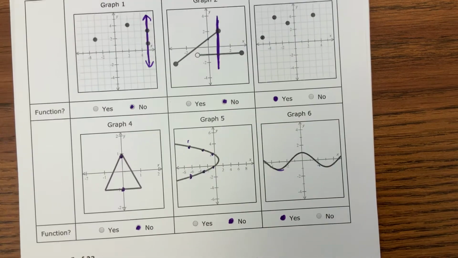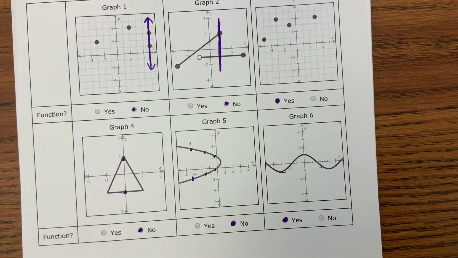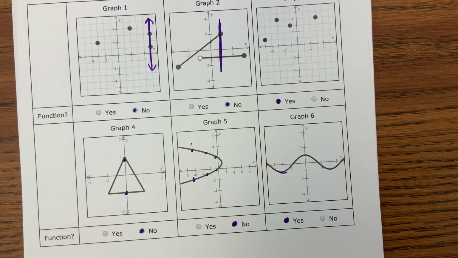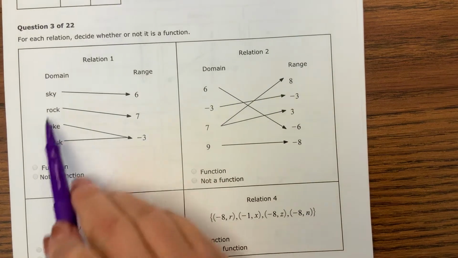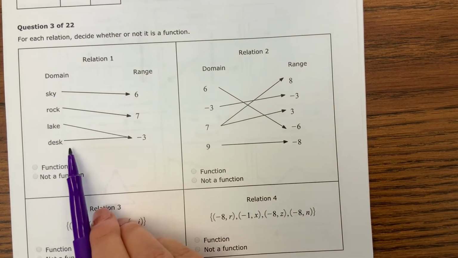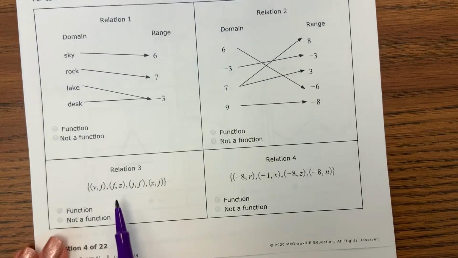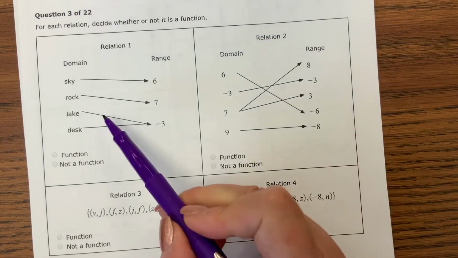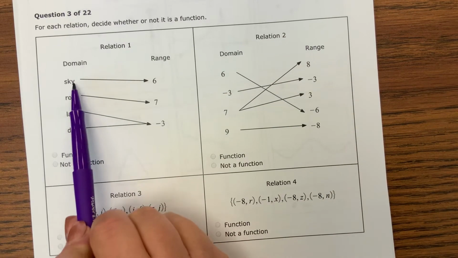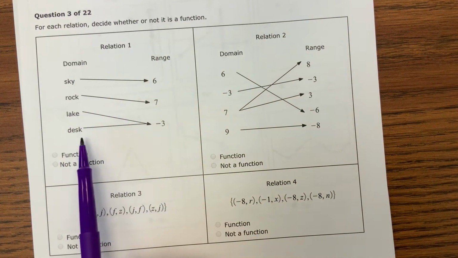Okay, so now let's look at a question where we're still determining if it's a function or not. These relations are in the form of mapping diagrams, and then these are just ordered pairs. When we're looking at mapping diagrams, the domain maps to the range is how we word that.